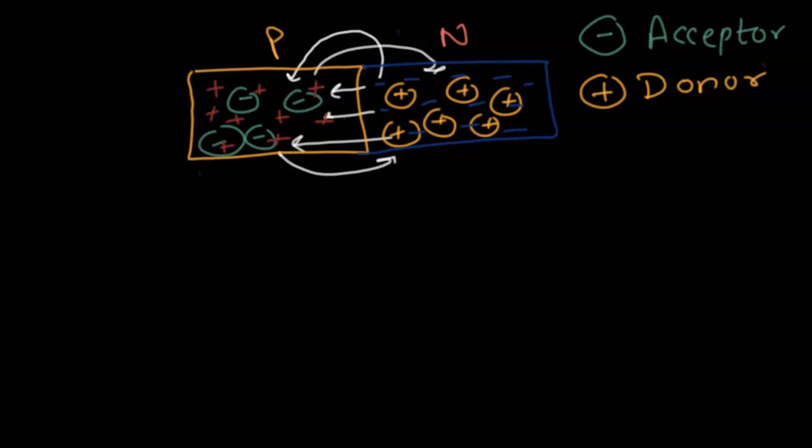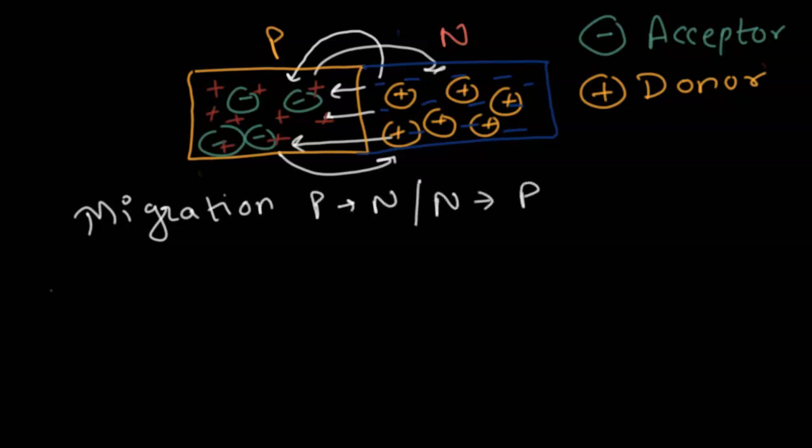This migration of charge carriers from P-type to N-type, or let's say from N-type to P-type, keeps on happening, and there is a recombination of electrons with holes and holes with electrons. As the migration and the recombination keep on occurring, a huge charge gradient is formed between them.